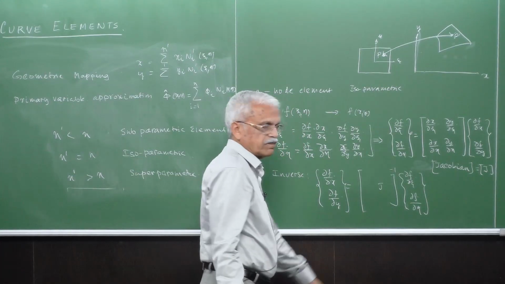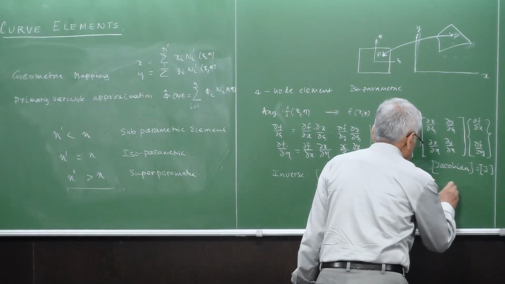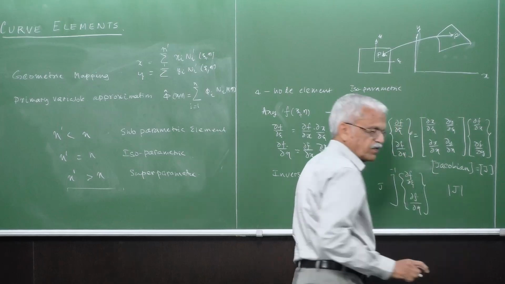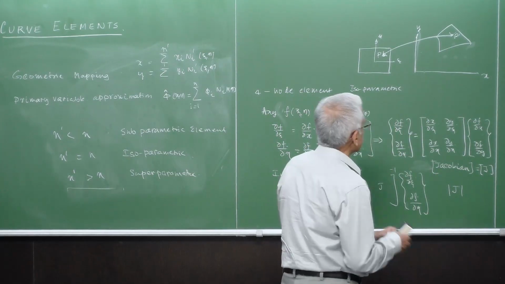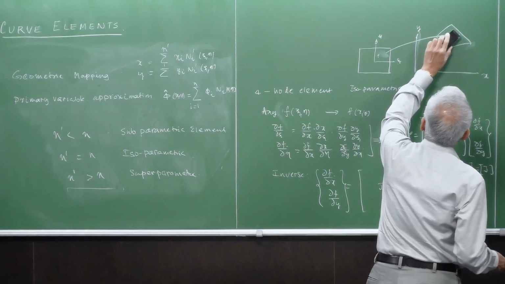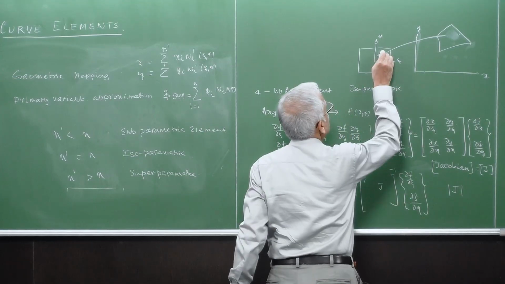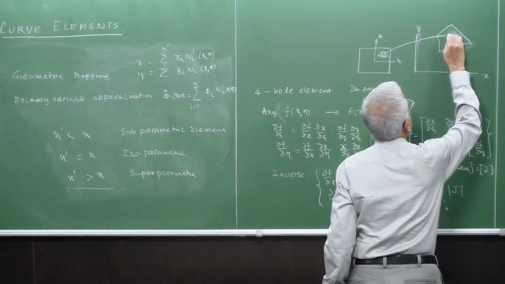Okay, another very simple thing which is of interest is the Jacobian here. If you take the determinant of this one, what it essentially determines is a small volume here.